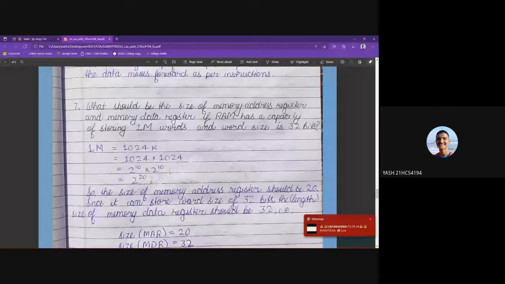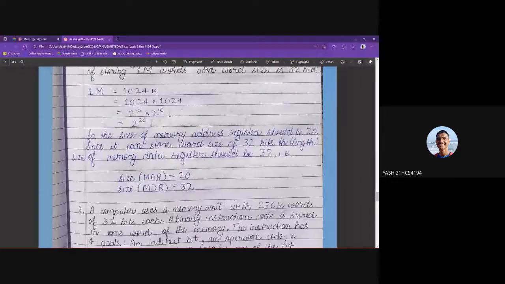Okay, we can just say that there are 1M different lines in the RAM, that is 1M different addresses, and the word size corresponding to each address, that is the data part in each address, is 32 bits. So the size of memory address register should be 20. Why? Because 1M is converted into 2 power 20.